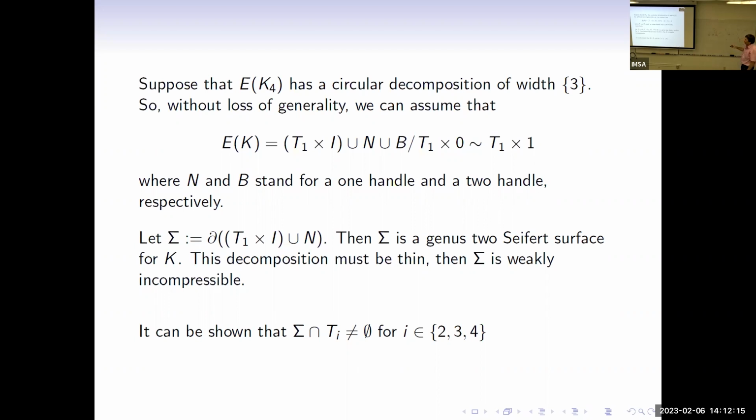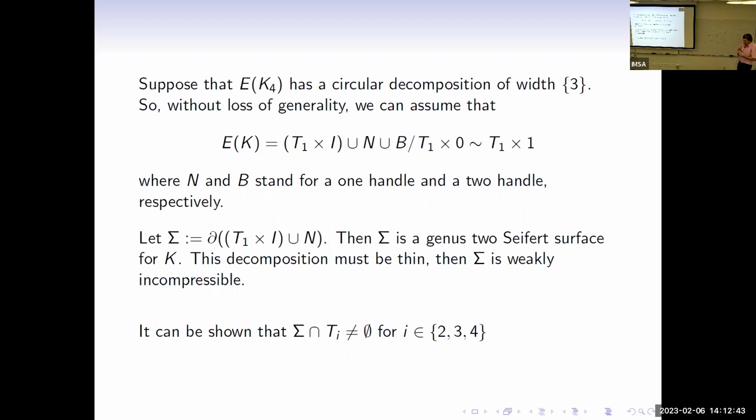And then we have a genus 2 Seifert surface, no? And then the Seifert surface will be doing something like that.